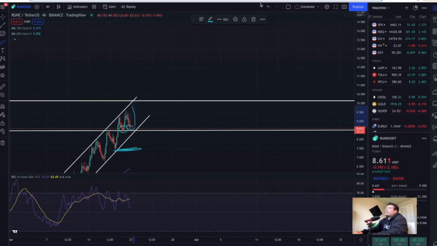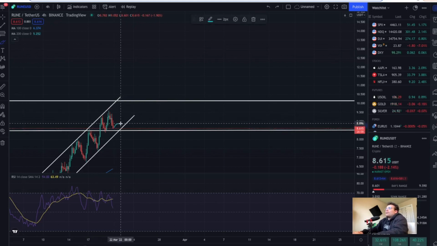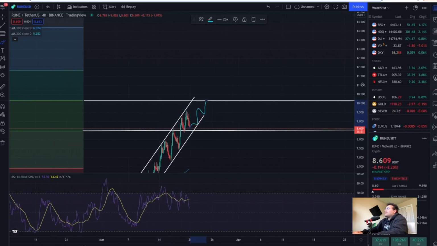But our next really big target, our next ceiling, if you will, is about $10.10 roughly. So we're going to have to move up this channel slowly but surely. And the next really big resistance point is going to be $10.10.